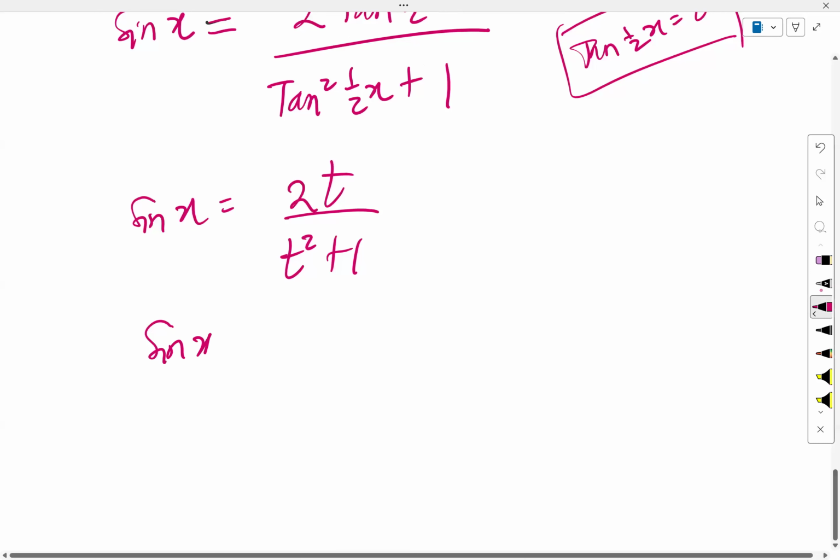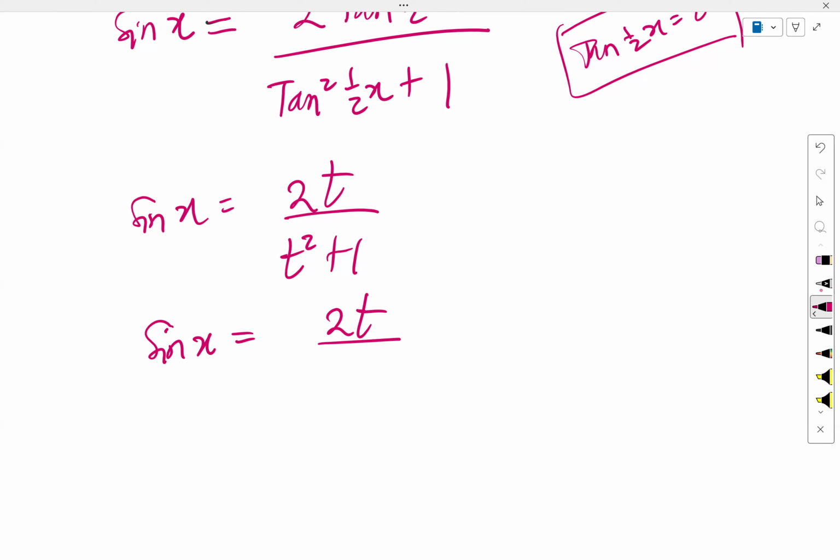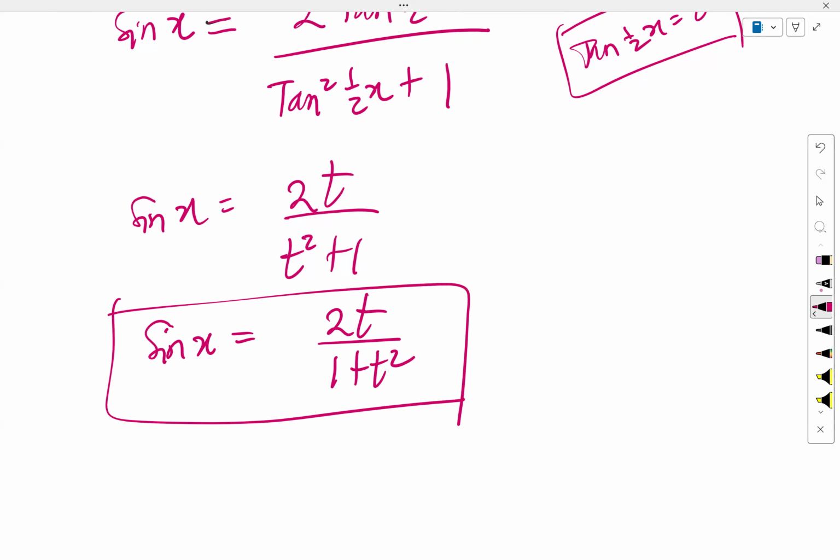Just for the sake of order, this is 2t over 1 plus t squared. So in terms of that transformation, where tan half x is t, sine x can be expressed as 2t over 1 plus t squared. Now we're going to see a possibility of applying this. So I'll take one example and you'll have a practice question to settle that.